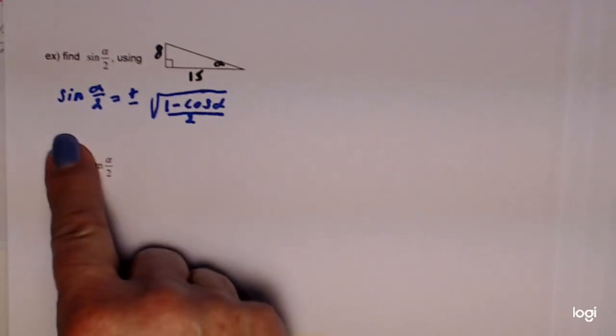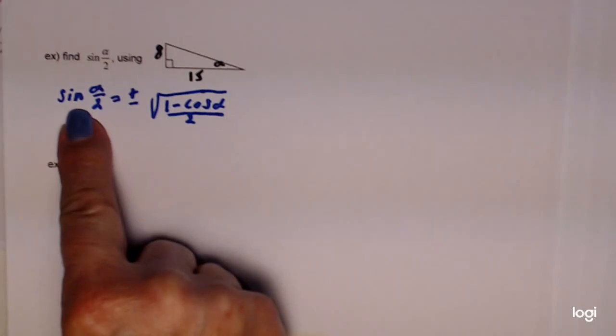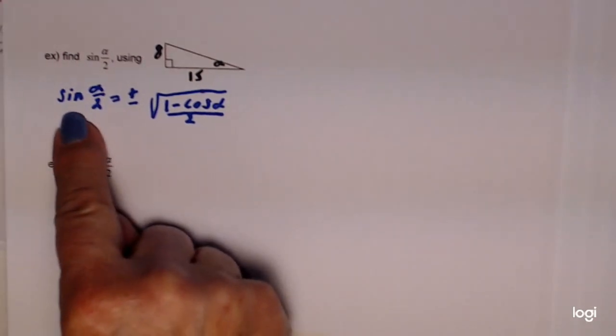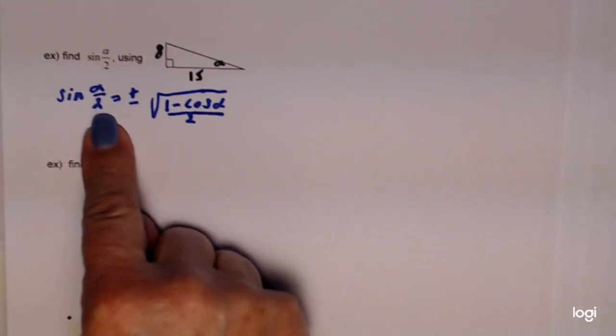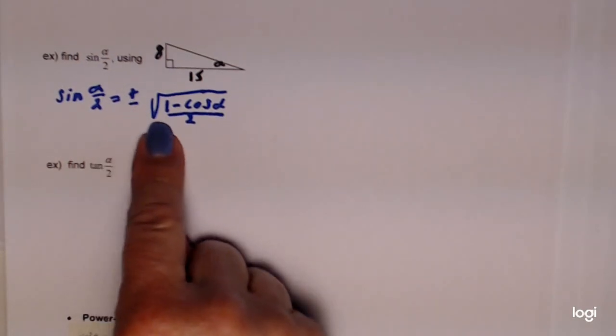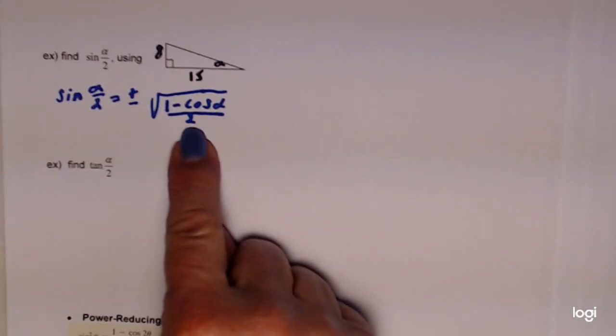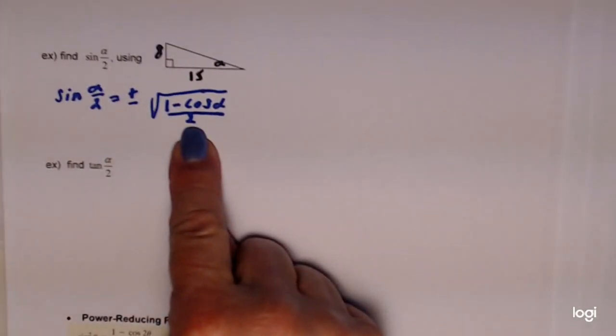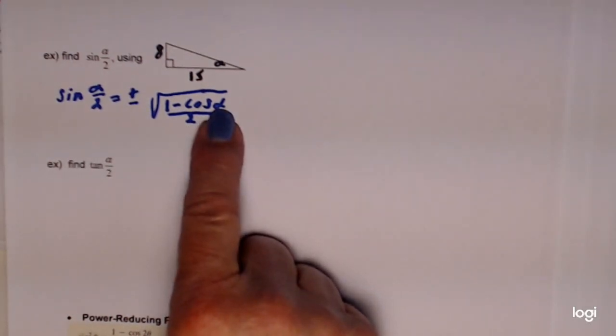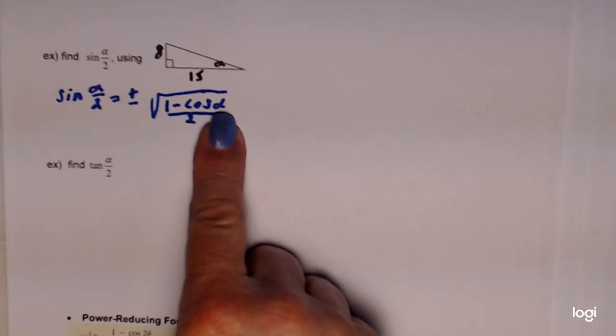So I've written the formula down here so you don't have to look at the back of my hand so much. Sine of alpha over 2, or an angle divided by 2, is plus minus the square root of 1 minus the cosine of alpha over 2. So all of that is under the square root symbol. So we can see here we need to know the cosine of our alpha.